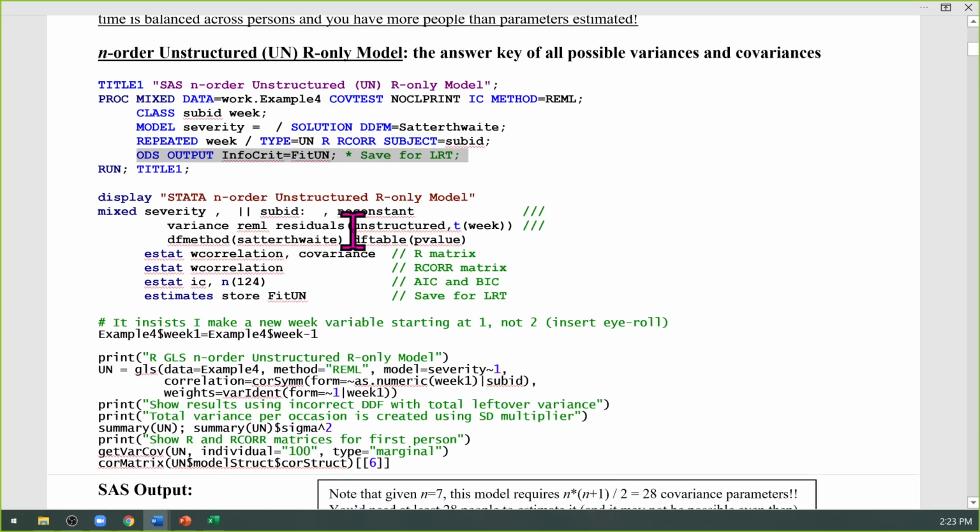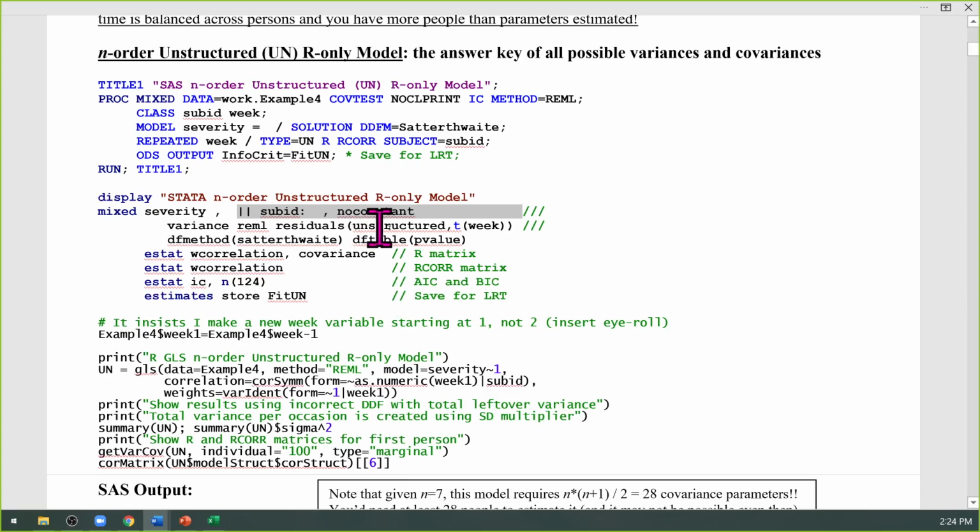And Stata right here is unstructured. So the structure of Stata we had talked about before, but just to remind you, the outcome is listed first. It would normally be followed by predictors, but we don't have any because this is an empty model. Stata automatically puts in a random intercept, which I want shut off because all of my variances and covariances are in the R matrix for this model.